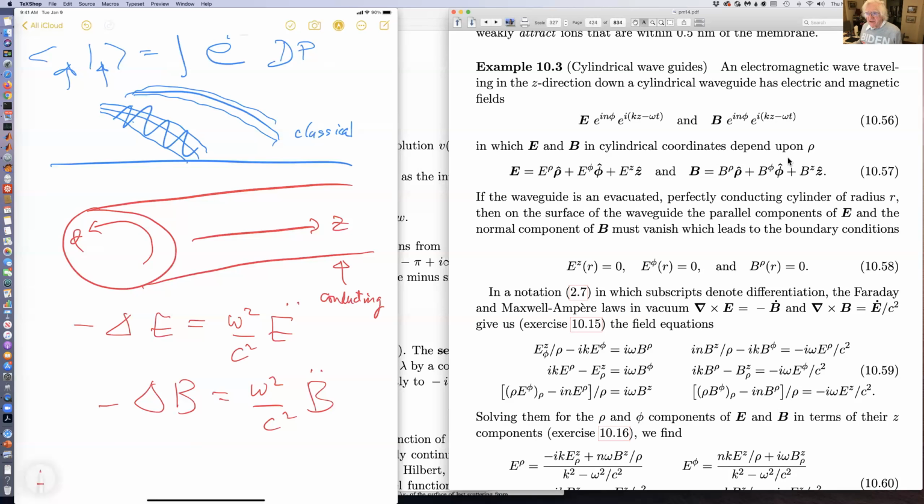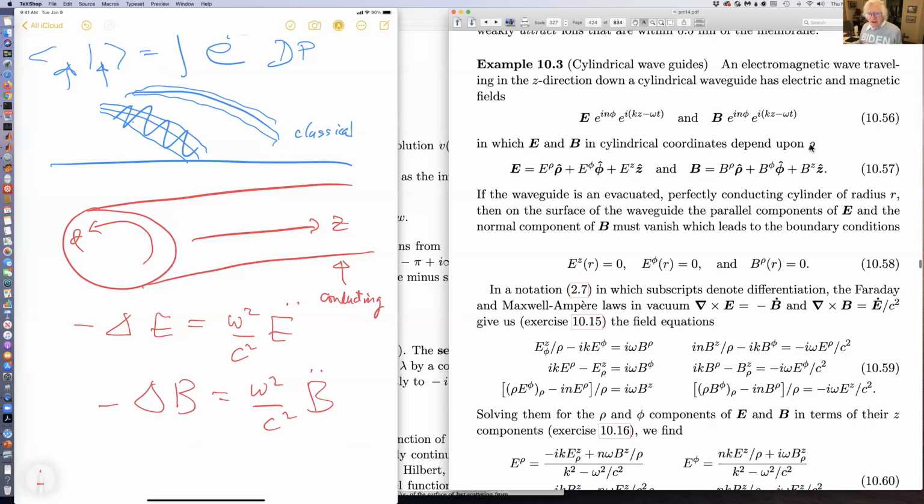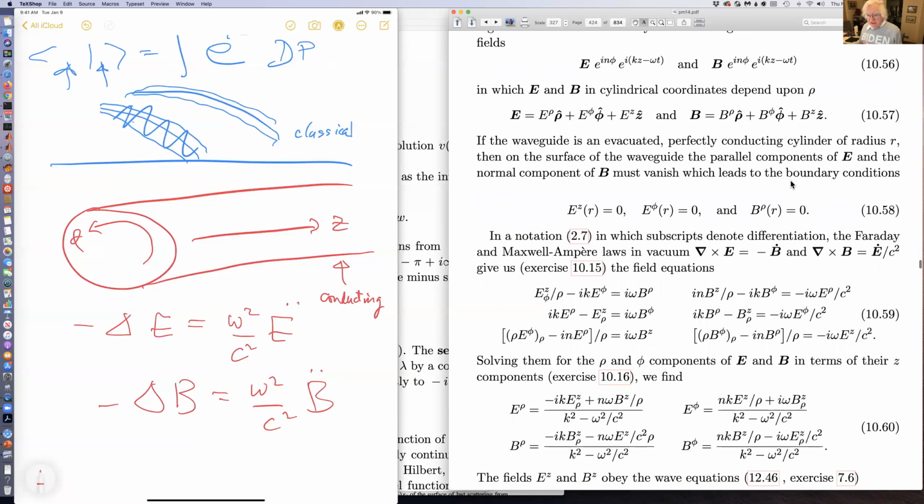So E and B, in cylindrical coordinates, are going to depend upon rho, and I think they are also depending upon phi, actually. So what do we have? We have certain boundary conditions here.